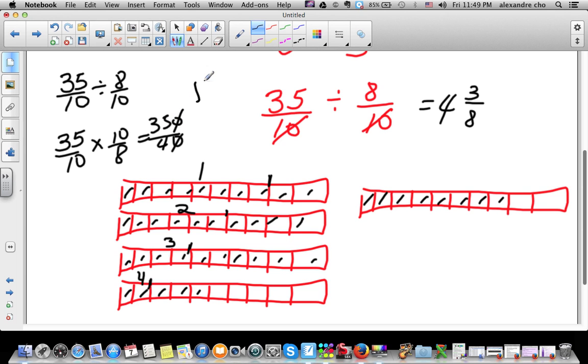Sorry, did I write 8? No, 10 times 8 is 80. This should have been an 80 at the bottom, so it's 35 over 8, which is 4 and 3/8, exactly what we got from our model.